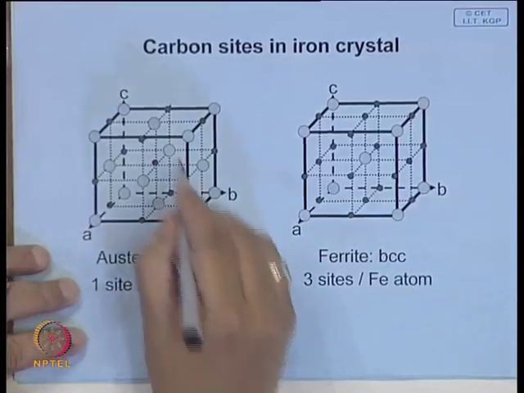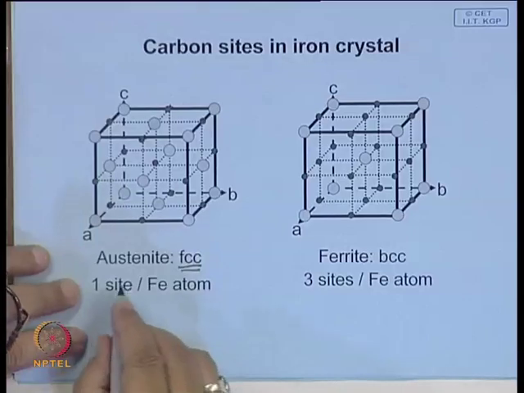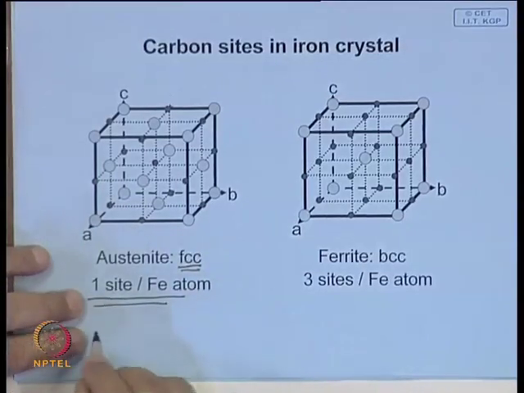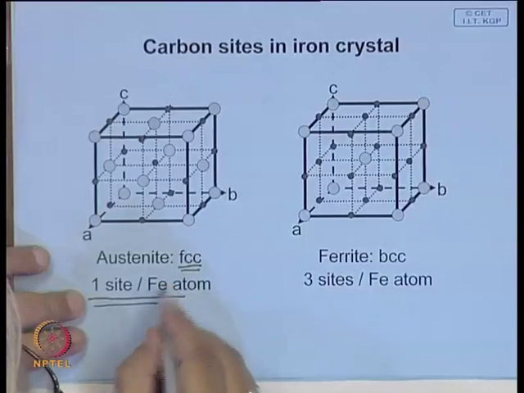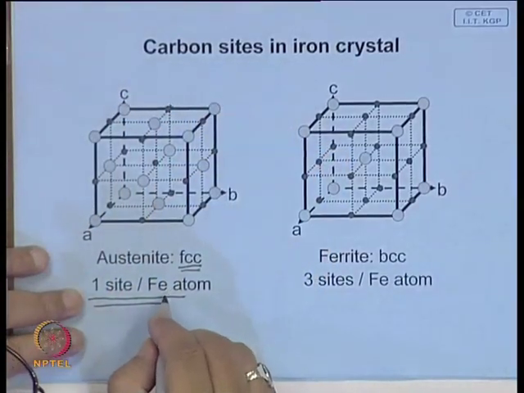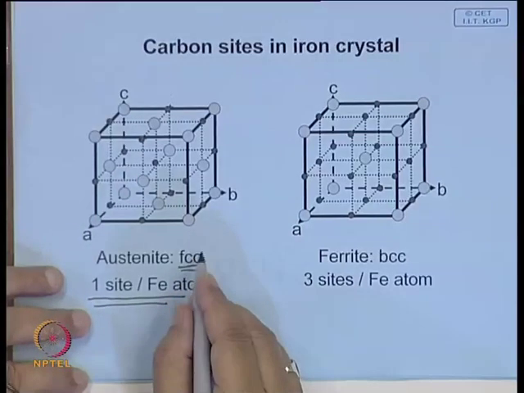If you go back to your earlier notes on how to find the number of interstitial sites, it was shown you have one interstitial site per atom. So, you have a very large number of sites available, but it is worth looking at how many carbon atoms you have.